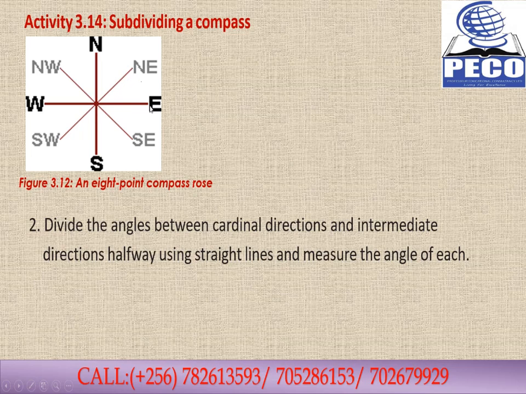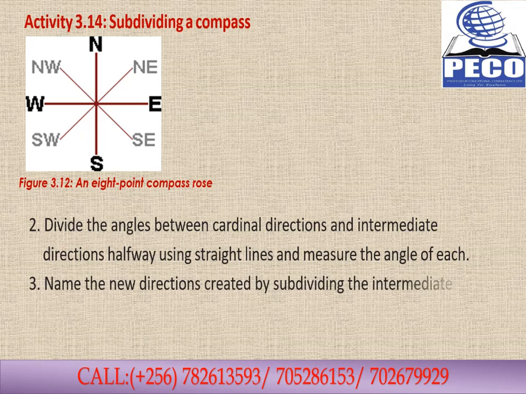Then between northeast, east, southwest, west, you also draw a straight line in between. And then measure what is that angle you've created between north and that new line, between the new line and northeast, between northeast and the new line, between the new line and the east.